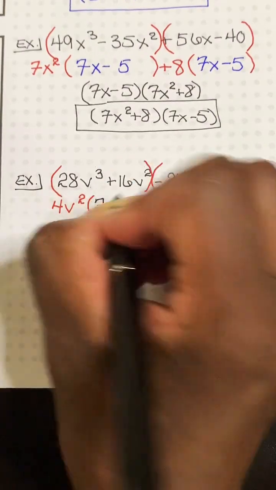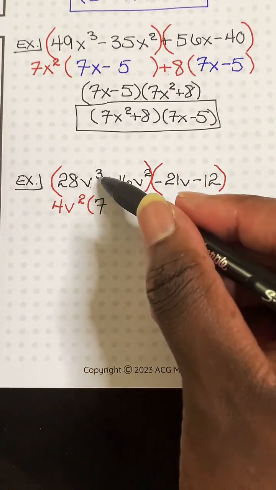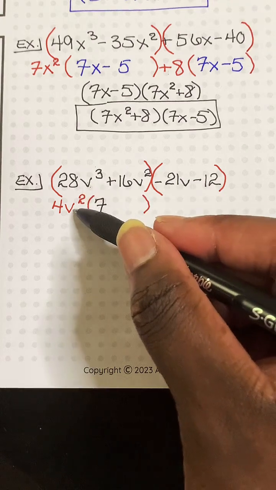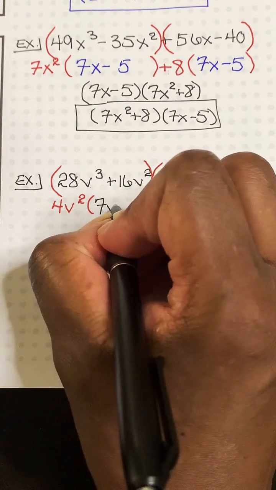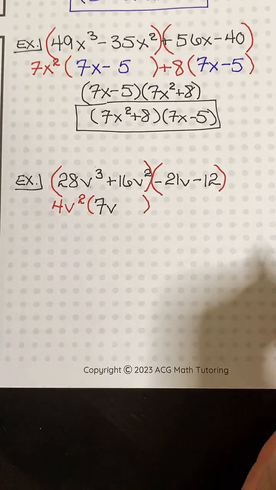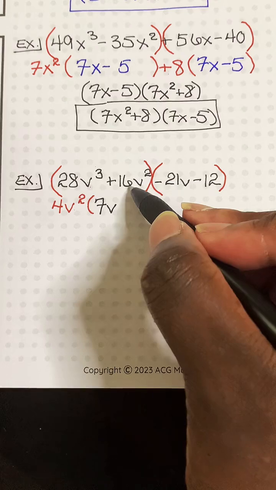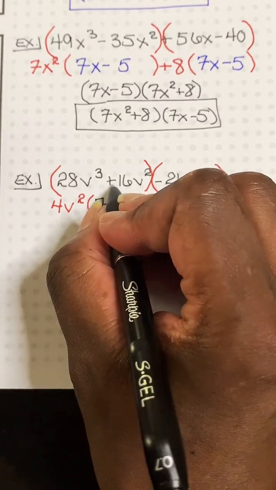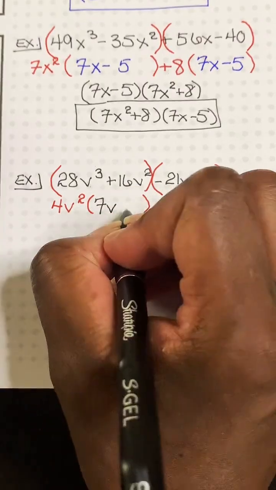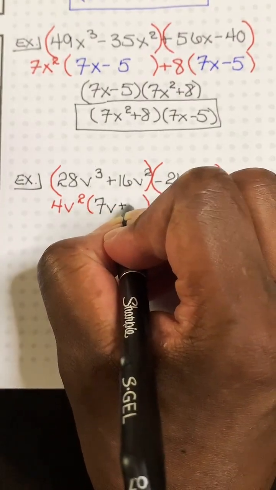If I have 3 v's here and I take away 2 v's, that means I have 1 v left. Now we have 16 divided by 4. And since it's a positive 16 divided by a positive 4, my answer is going to be a positive 4.